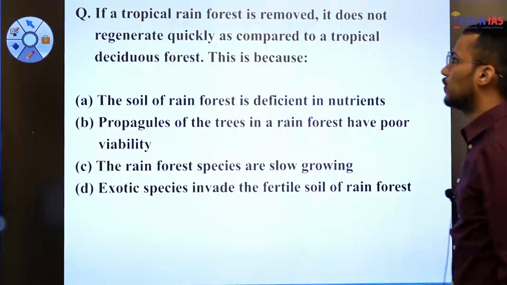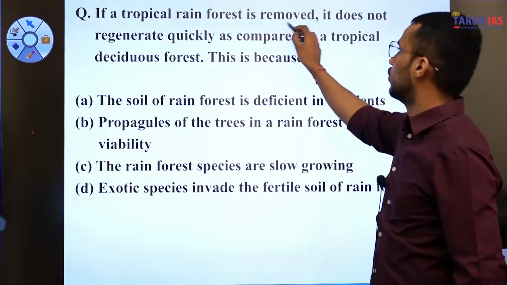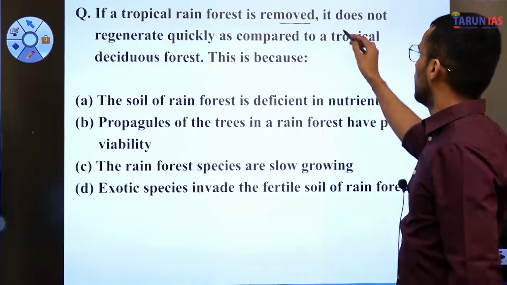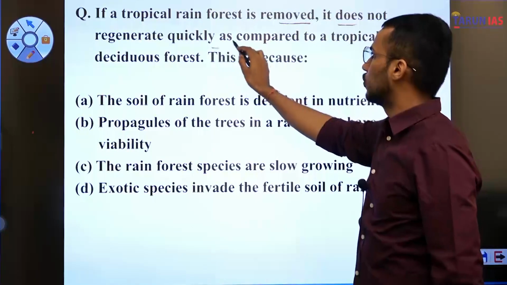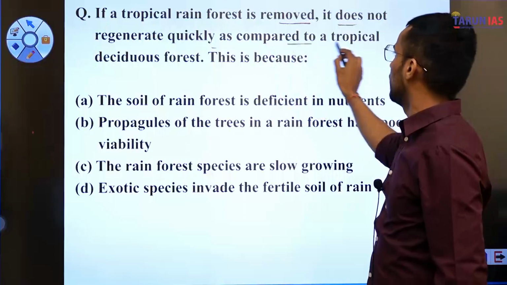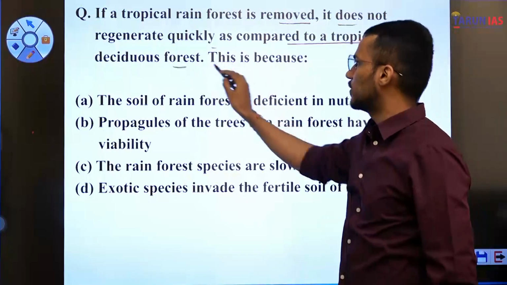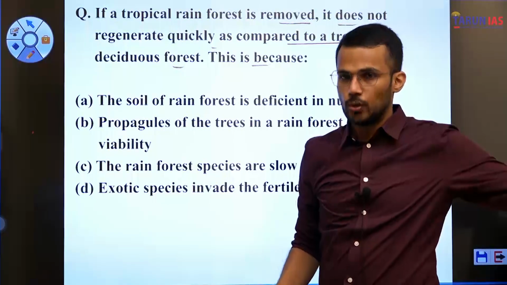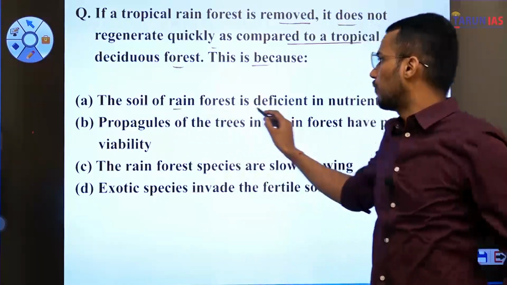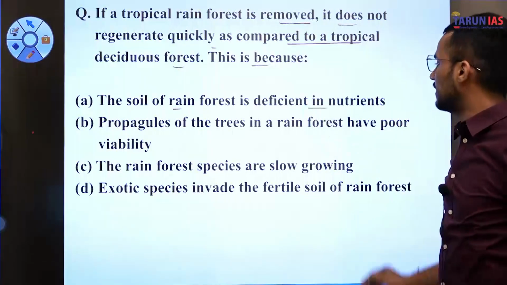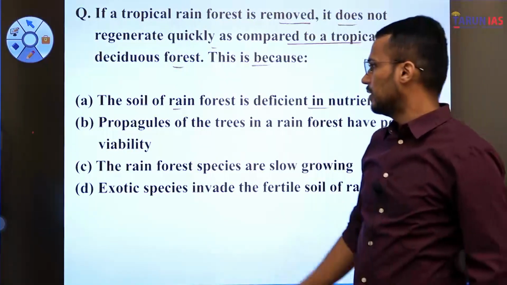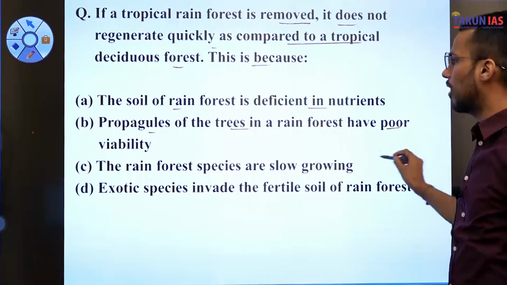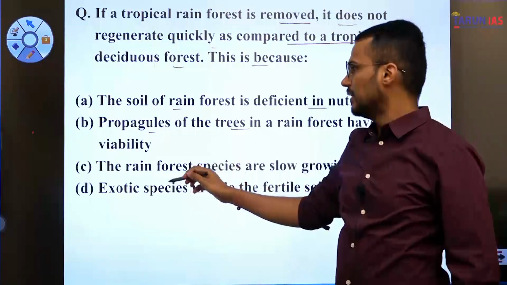Next question is, if a tropical rainforest is removed, it does not regenerate as quickly as compared to a tropical deciduous forest. This is because of which reason? Options are A, the soil of rainforest is deficient in nutrients. B, propagules of trees in a rainforest have poor viability.